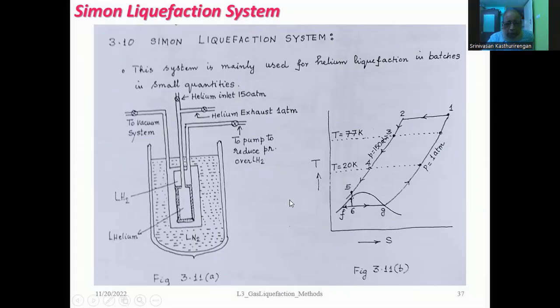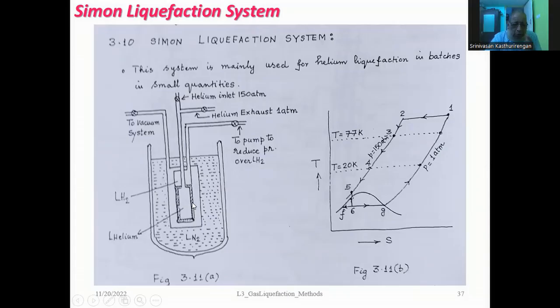What is normally done is, first you start with the helium inlet at a pressure of about 150 atmospheres at room temperature. Helium is filled into this innermost container. Now the vacuum vessel, which is surrounding the inner vessel as well as the hydrogen zone, is filled with helium gas.